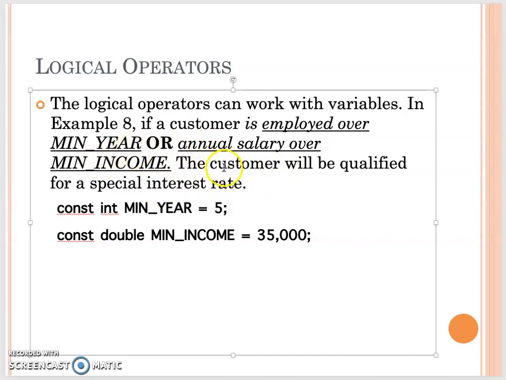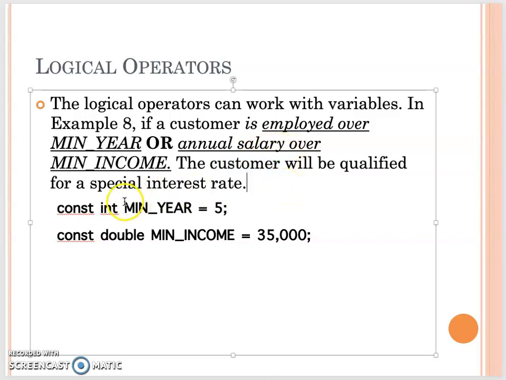So this one is when we have the loan application, we need to check the customer's working history and annual salary. So we have the minimum employment years required. Then we also have the minimum income requirement.